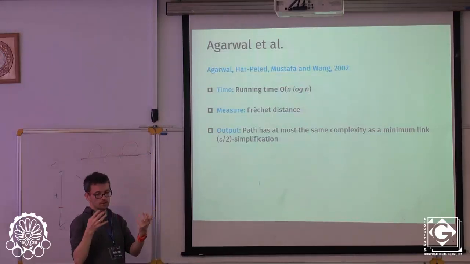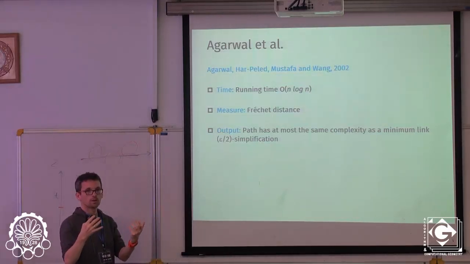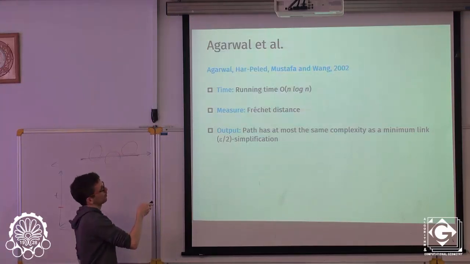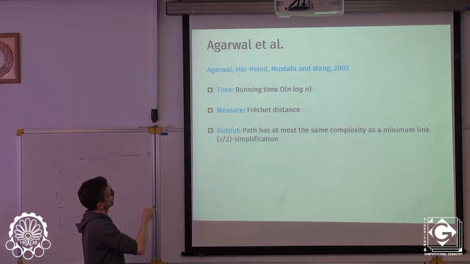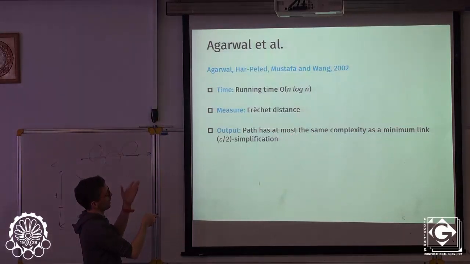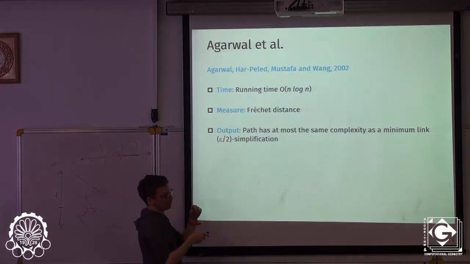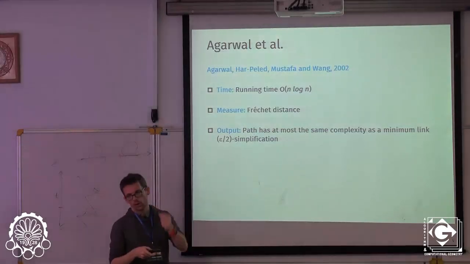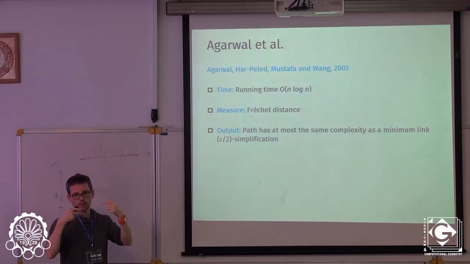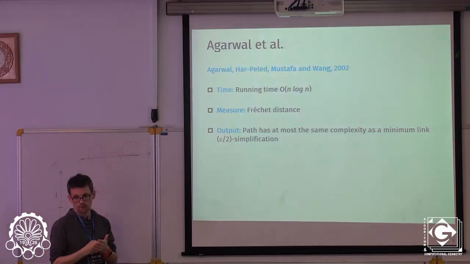And this is then, you could say, a true approximation in terms of epsilon, in the following sense: you give me an epsilon, and the path that is computed by this algorithm has complexity at most twice the optimal solution for the case that epsilon would be half the size.